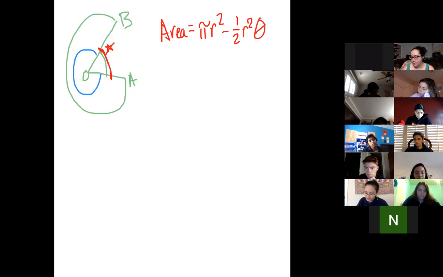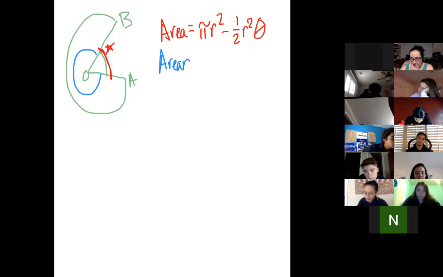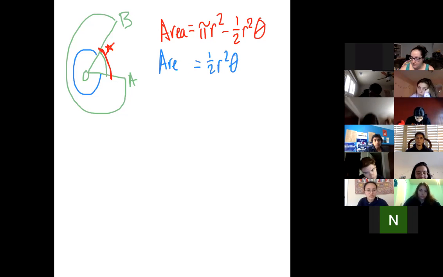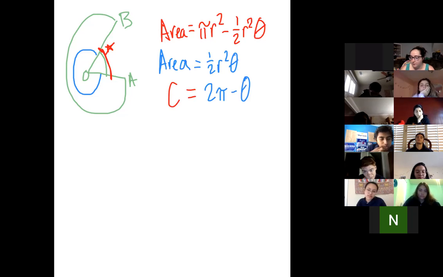The other way you could do it, it's the same thing. You could say that the area is equal to 1/2 r squared theta of the blue angle. And then do 2 pi minus the blue angle would give you the red angle.